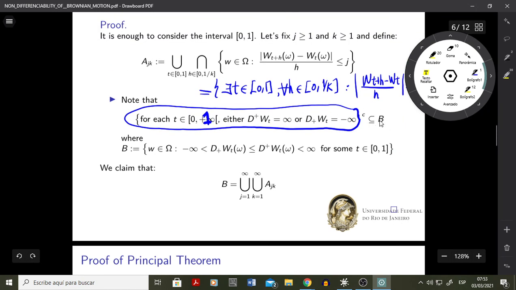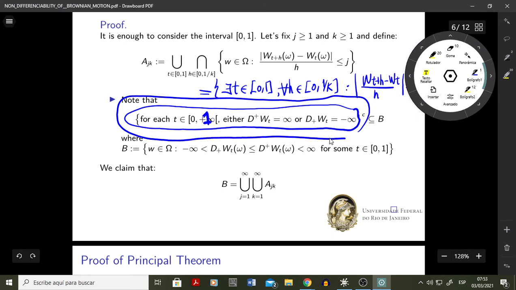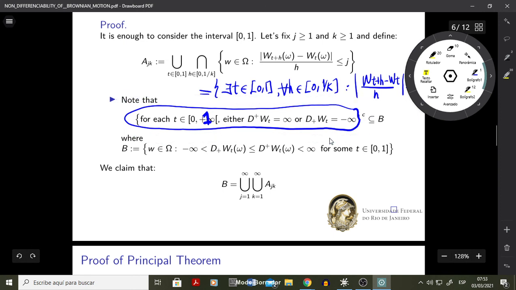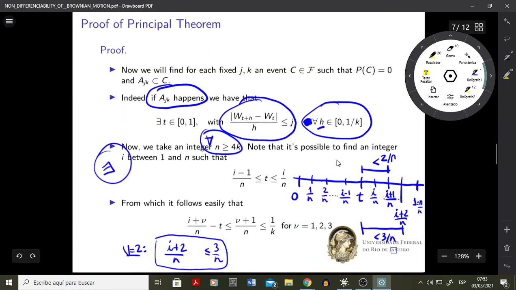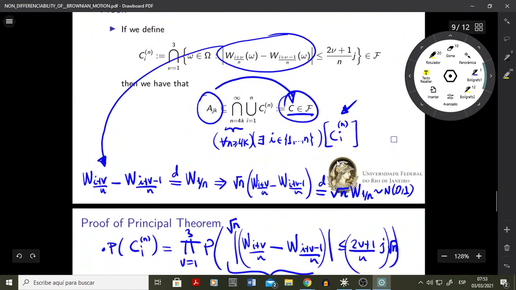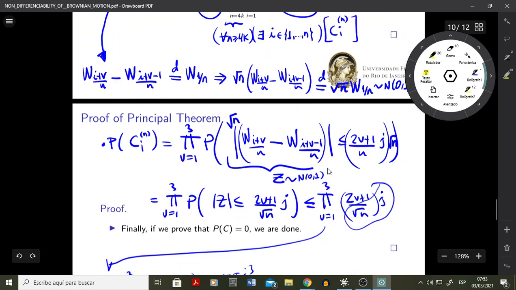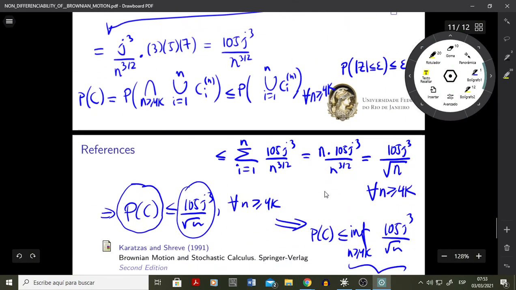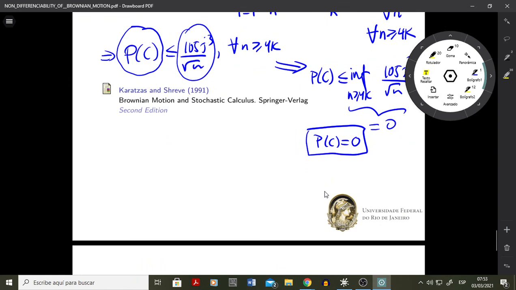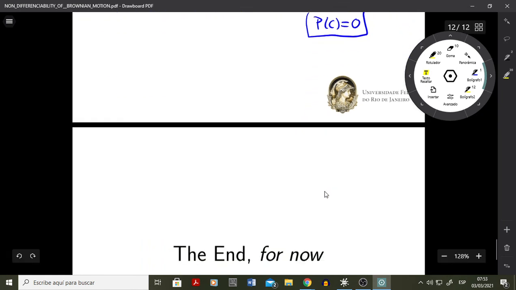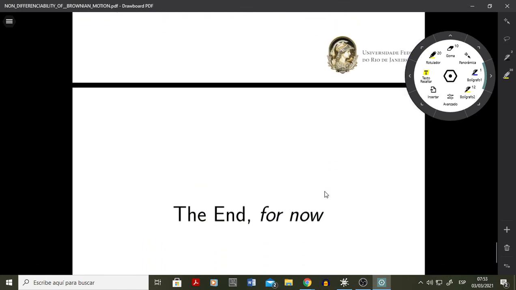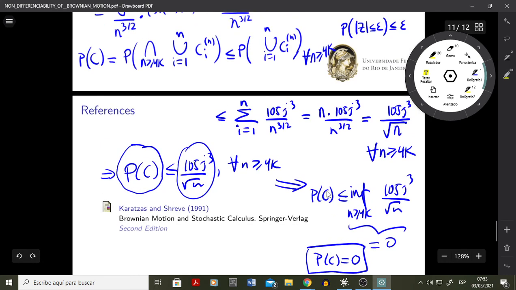If the event V has probability 0, then this other event has probability 0, and we are done, right? So we have proved that the Brownian motion is nowhere differentiable. If you have questions, you can ask. Thanks for listening.